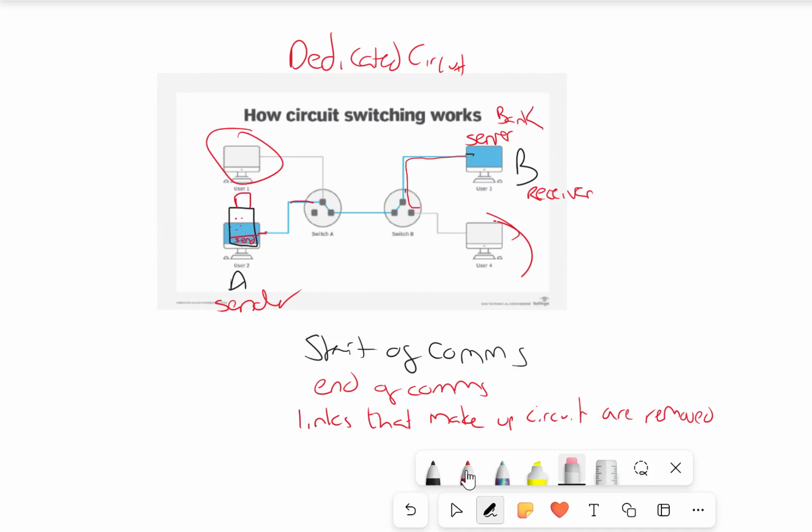So where would you use circuit switching? Well, I've given you one example to start off with, which is a card reader to a bank server. You've got things such as traditional telephones, so old school telephones.